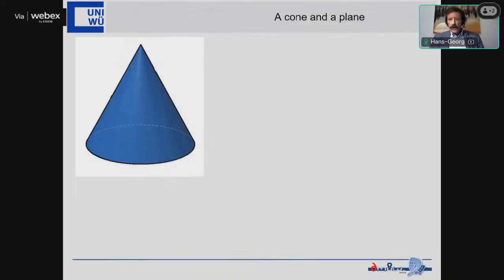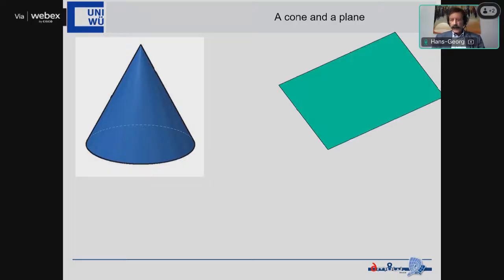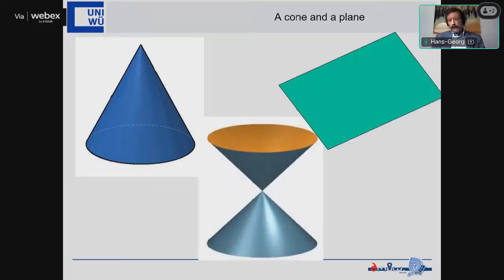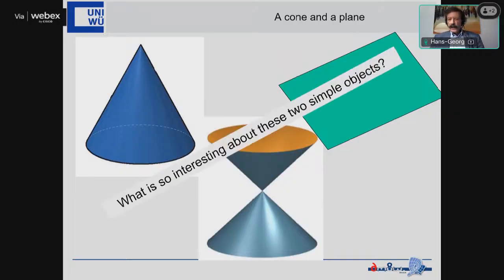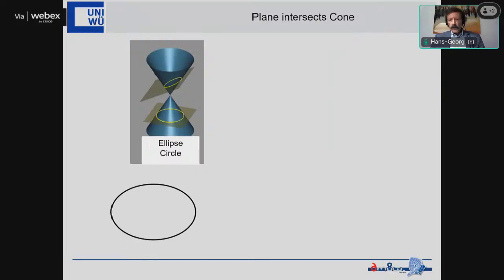Let's start with the basics. If you have a cone and you have a plane, and maybe you have a double cone, what is so interesting about these two, maybe three, simple objects? If you do the intersection of the plane with the cone, you have three possibilities.